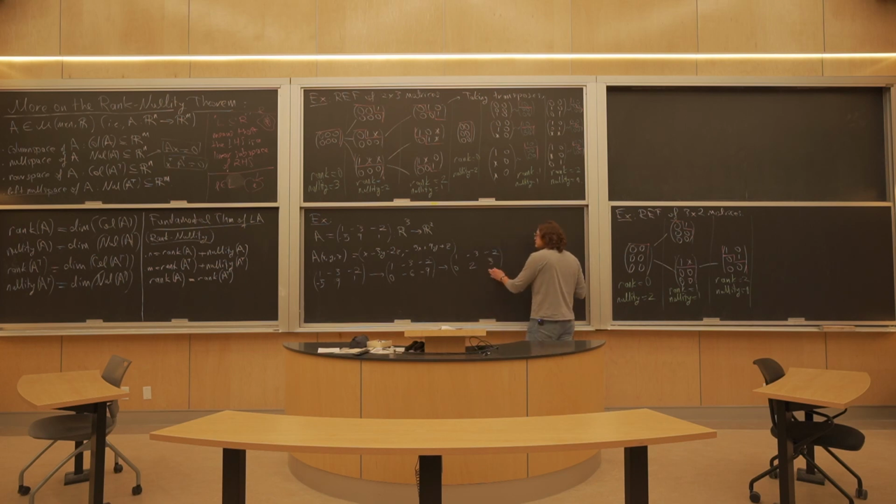Okay, so at this stage, I can take this and multiply it by 3 over 2 and add it to this to get rid of this. But then I'm going to have fractions. So let me scale this first row by 2 as well. And instead of doing something with the second row, let me do something with the first row. Let me make this a plus.